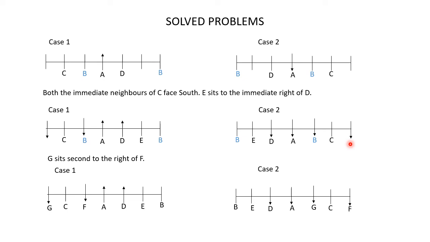So second to the right of F will be this place, which can be occupied by G. So in case 2, fix the position of B here. G's position will be this place and F's position will be at this place in case 2.